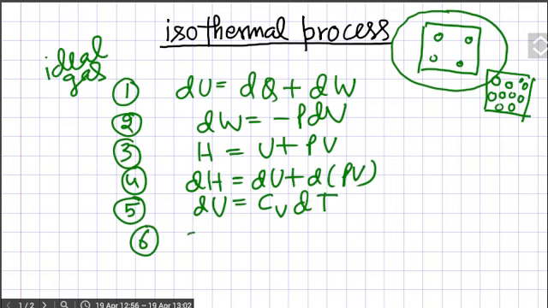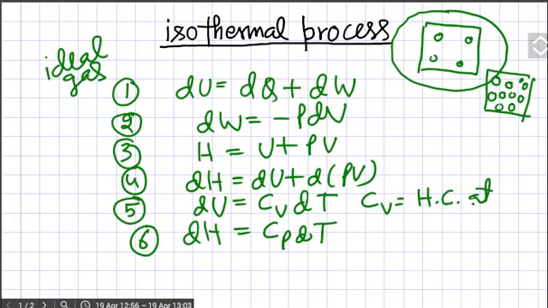Number 6 is dU equals Cv dT, and dH equals Cp dT. What is Cv here? Cv is heat capacity at constant volume, and Cp is heat capacity at constant pressure. Why am I mentioning this point?